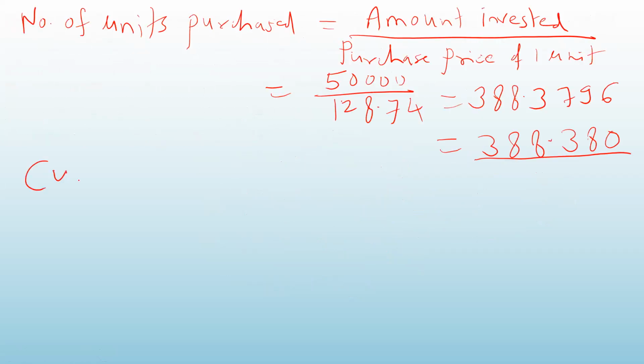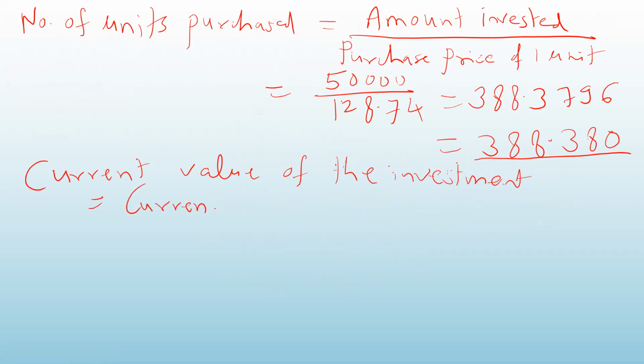So the current value of the investment is equal to current NAV multiplied by number of units.